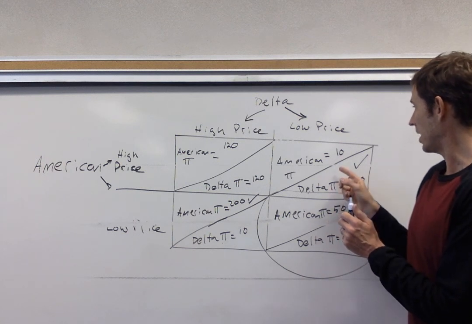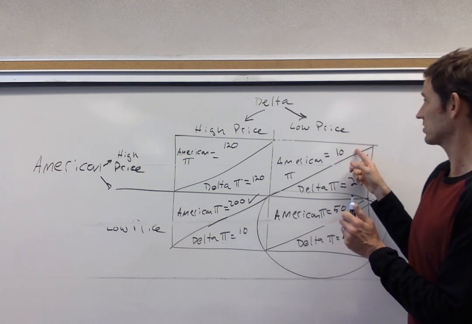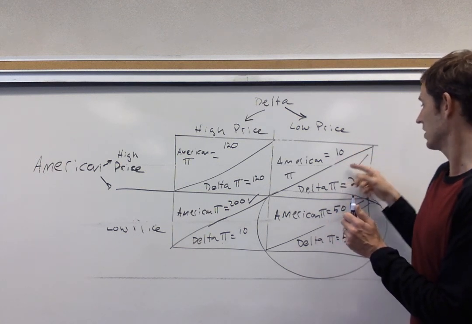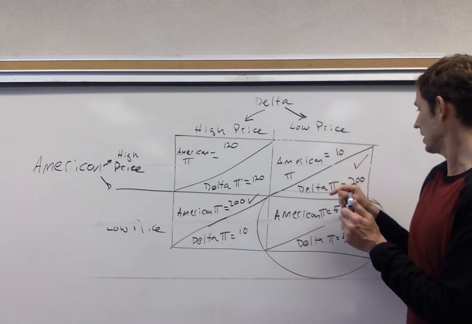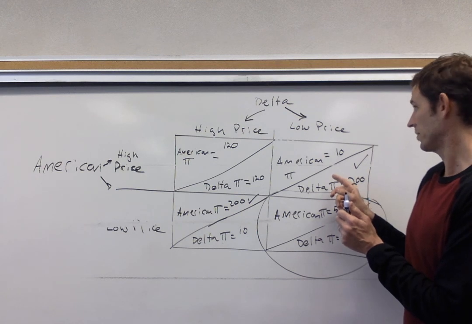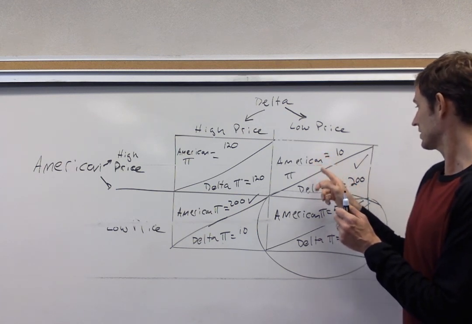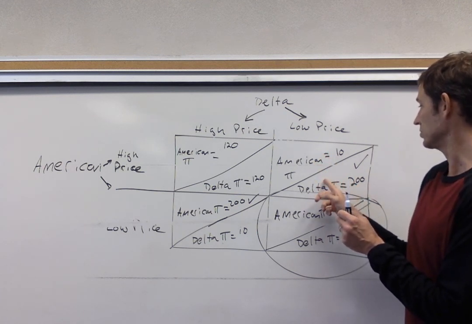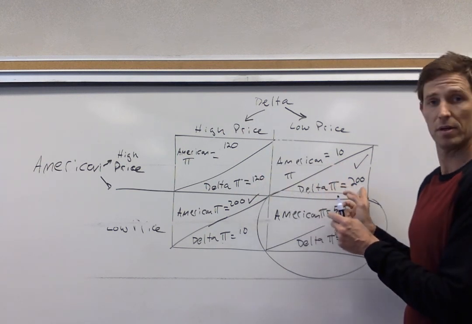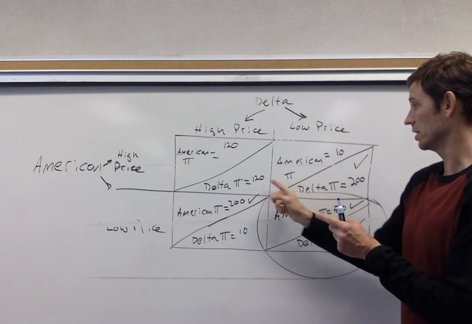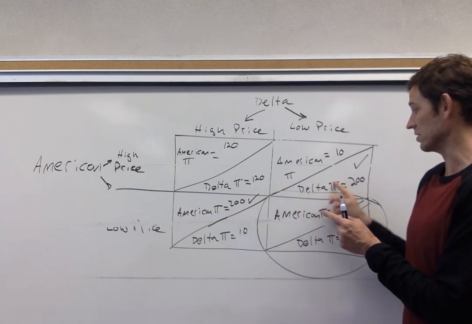What about this one over here? Low price for Delta, high price for American. Could anybody be better off by changing their mind? Let's say Delta decides to change their mind and go from low price to high price. Does their profit go up? No, it goes from 200 to 120. So Delta doesn't have reason to switch.